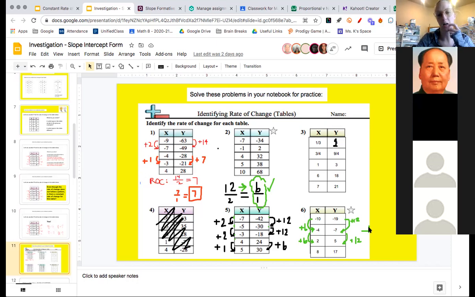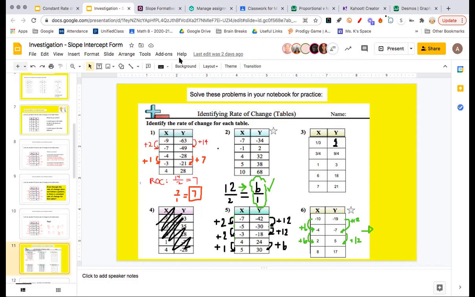So what would be our rate of change for this table? 12 over 6. Exactly. And that's the same as 2 over 1. Can we simplify it? Yeah, you always want to simplify. Okay, so the rate of change is 2 over 1. Yep.